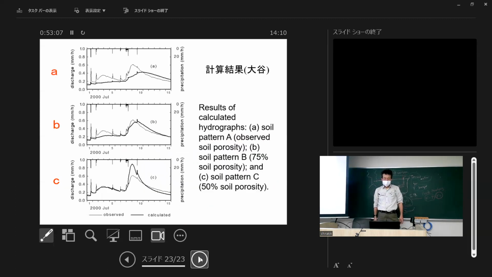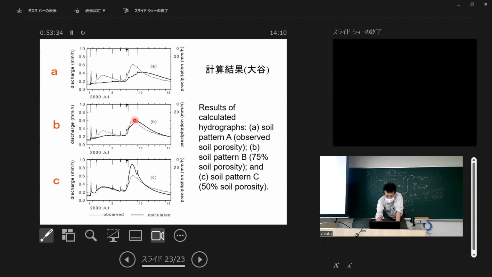This is a calculation example at the Field Museum Oya, a heavy infiltration numerical calculation of the secondary peak. You can see that the observed hydrograph, the thin line, has a secondary discharge peak.